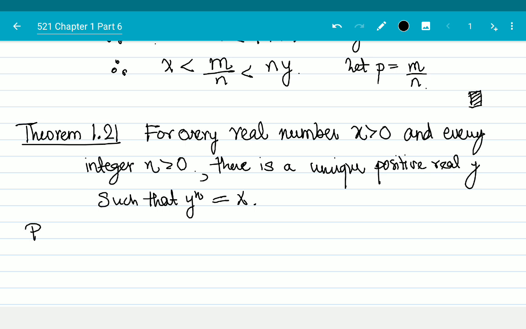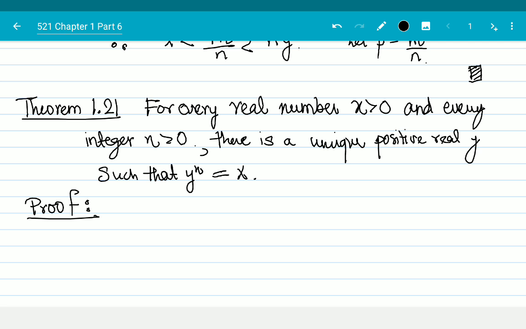Okay? Proof. Note, everything is only working with positives. So for example, if you take x equal to 4 and n equal to 2, you know that negative 2 as well as 2 are squared to 4, but since we are only dealing with positives, it will only be 2.